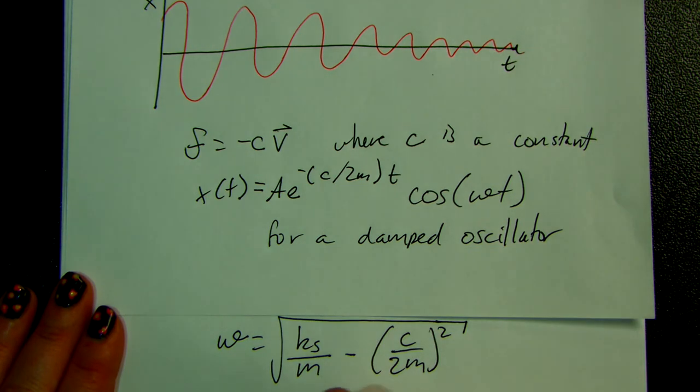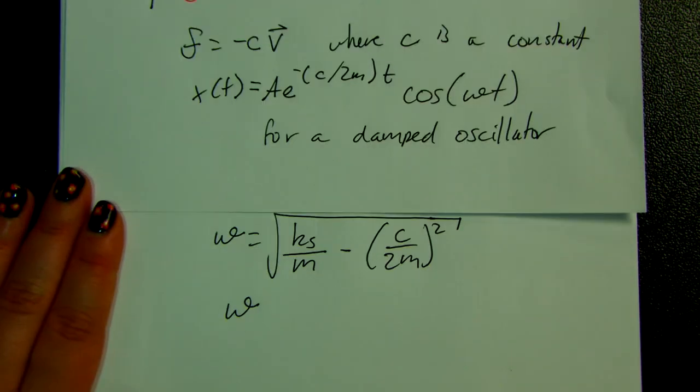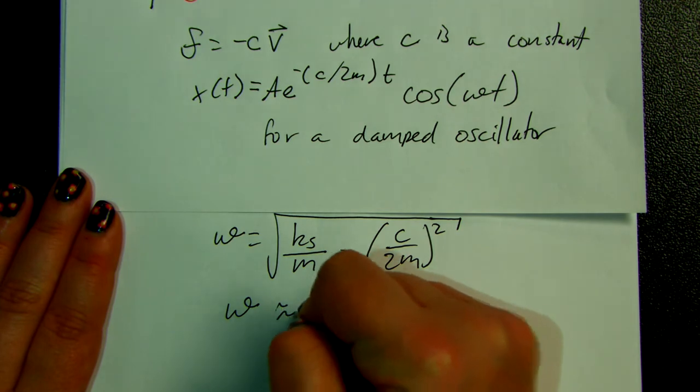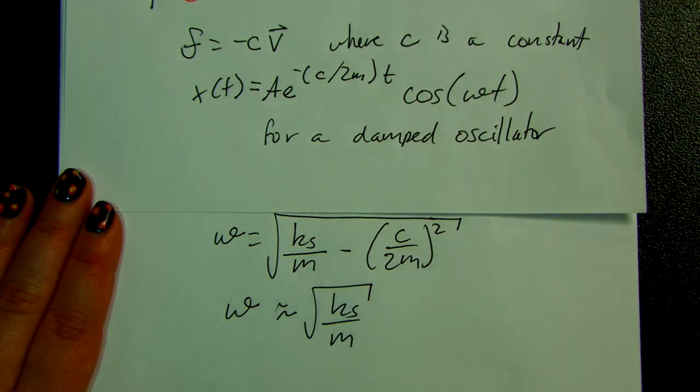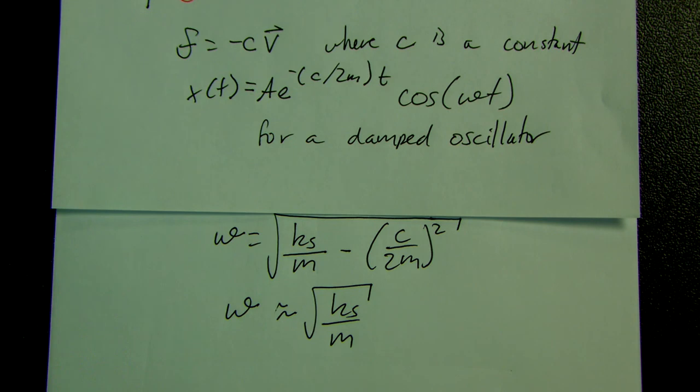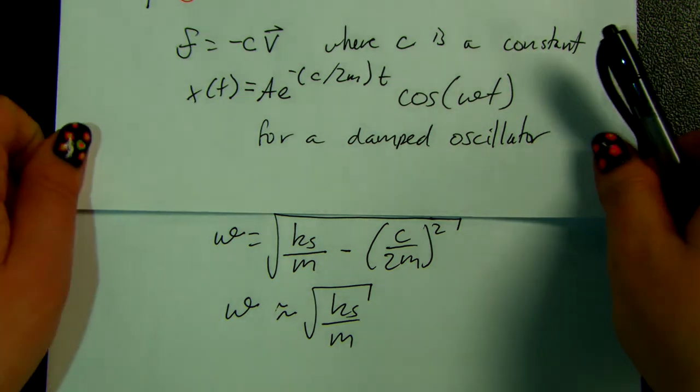And from here we can see that in a case where there isn't much friction, omega is approximately the square root of Ks over m, which is what it normally is. All of this is an example of energy dissipation, and we can see how, if you need to account for things like friction, that impacts particular systems.